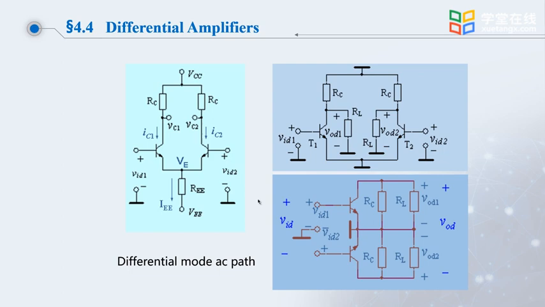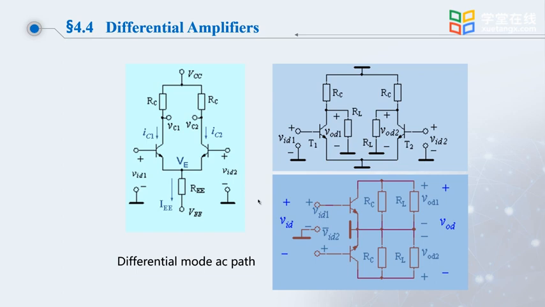After REE in the circuit is regarded as a short circuit, the circuit becomes the one in the upper right picture. We draw the differential mode AC path. As we can see, the sum of the input terminals Vid1 and Vid2 forms the differential mode signal Vid.